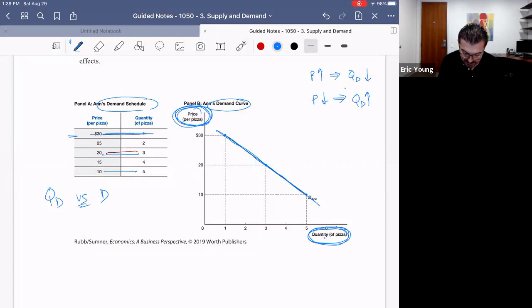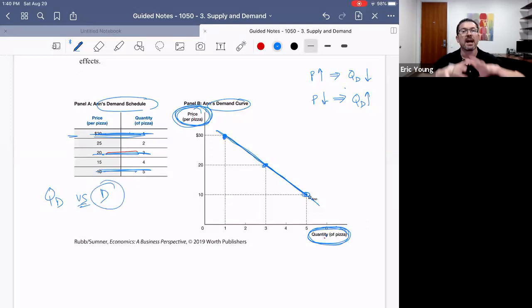So each of these individual combinations reflects separate quantity demanded points. When we plot them over here, each of these points is a quantity demanded point. So quantity demanded is one specific amount that's purchased at one specific price. It corresponds to one particular line on a schedule or one particular point on the demand curve.